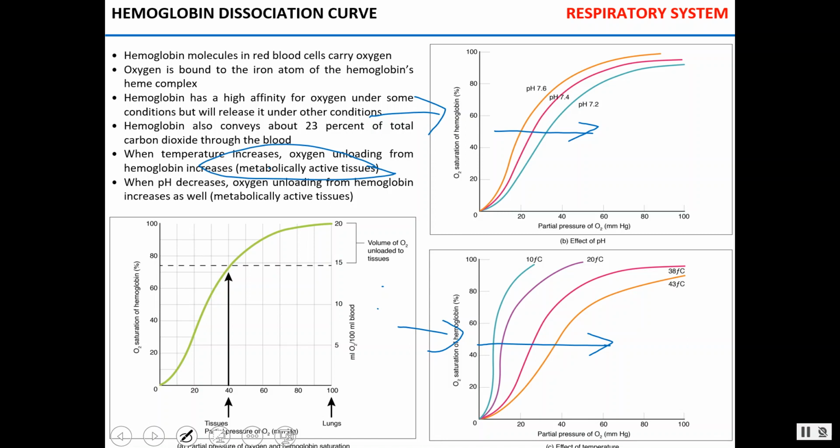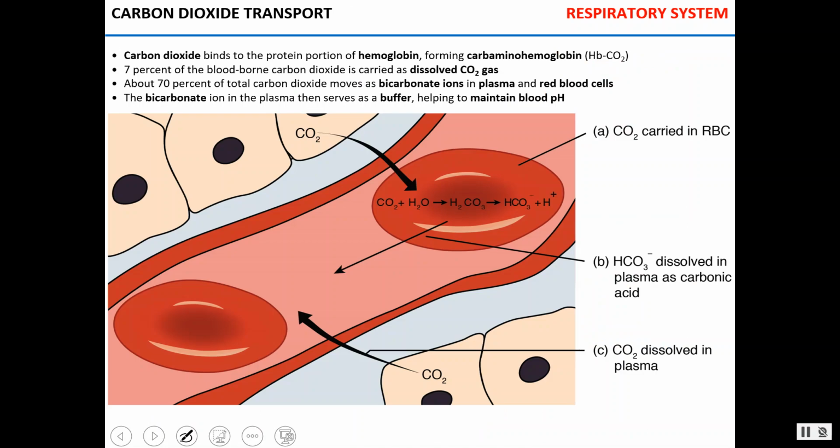Same is true for decreased oxygen saturation in tissues, but as we mentioned, that's the least important factor. Now, carbon dioxide is transported back to the lungs from the tissues by several routes. It can be directly dissolved in the plasma.